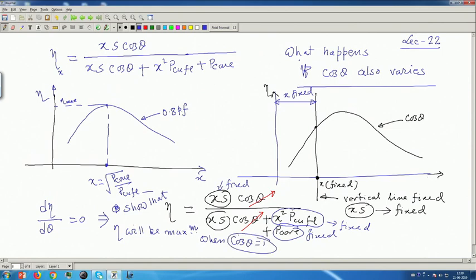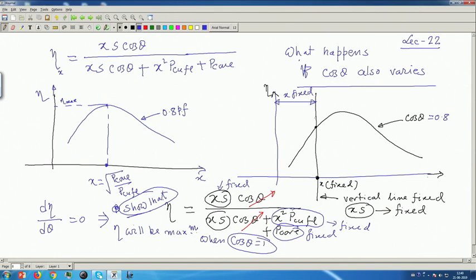This is the thing. For a given kVA, this is corresponding to say 0.8 power factor. What this expression will tell you is that efficiency will be maximum when cos theta equals 1. That is, at this point it must be above this curve. Therefore, I can now draw. So, please try to prove this on your own.